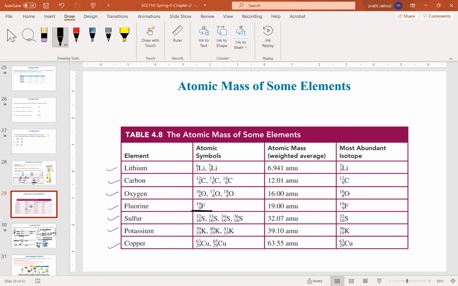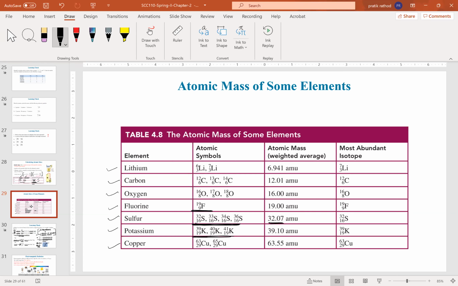And that is the reason why the atomic mass is very close to the whole number, like 18.99, which is very close to 19. That is because it does not have any other isotope. When you have more isotopes, there are more chances that the number looks different. So if you have 3 isotopes, in this case sulfur, 4 isotopes, potassium, 3 isotopes, you can see a number that differs from the whole number.